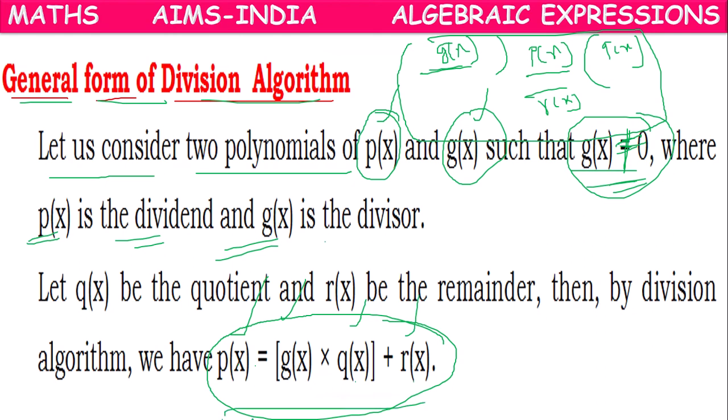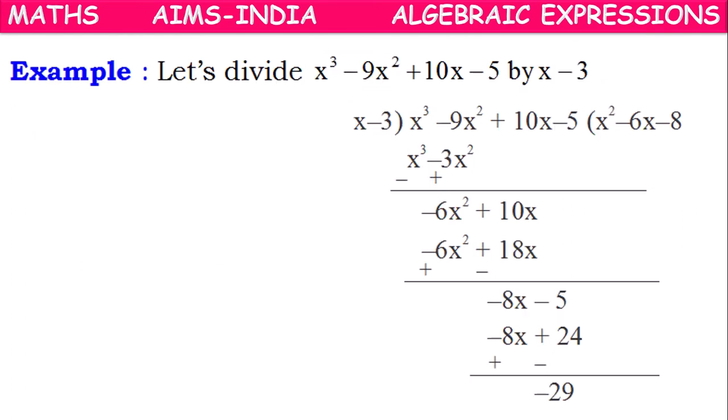The degree of r of x, the remainder, always has to be less than the degree of the divisor. So this is the general form of division algorithm.